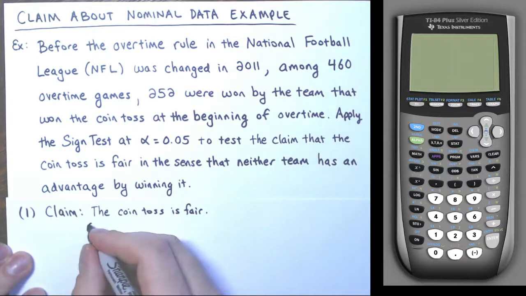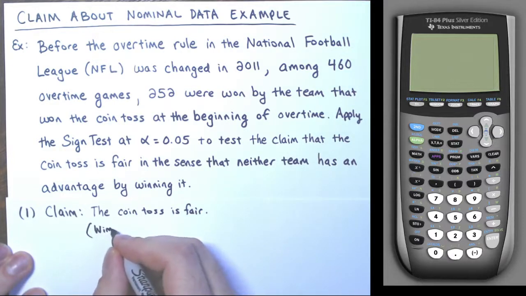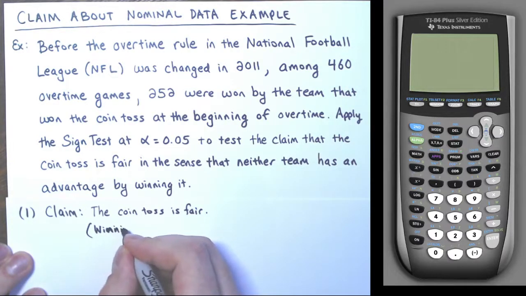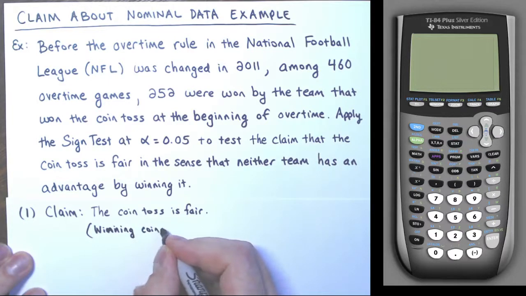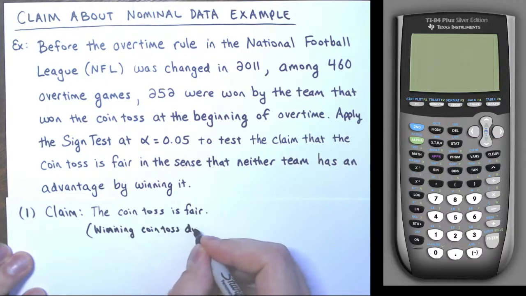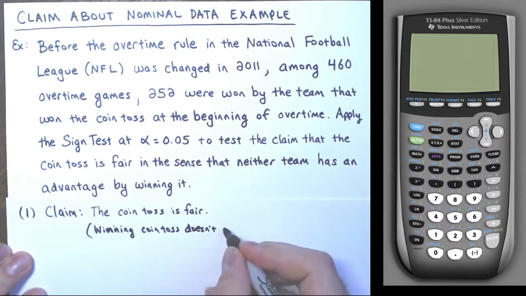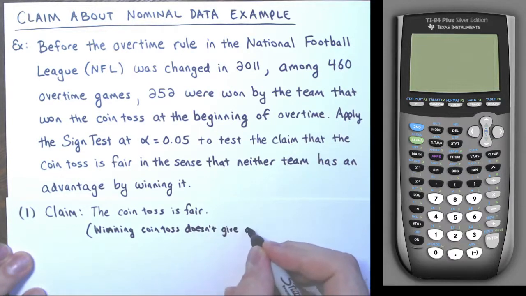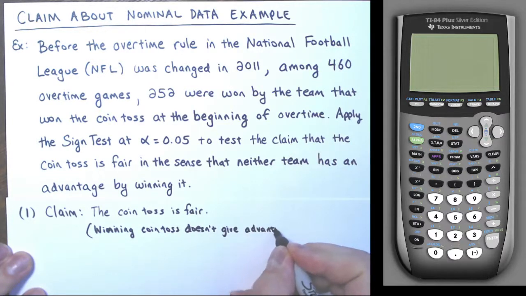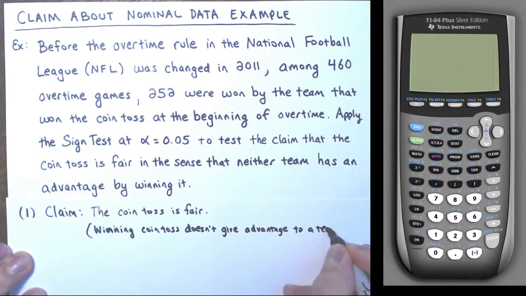Winning or losing the coin toss. Winning coin toss doesn't give advantage to any particular team. All right. So the claim is that the coin toss is fair in that sense.